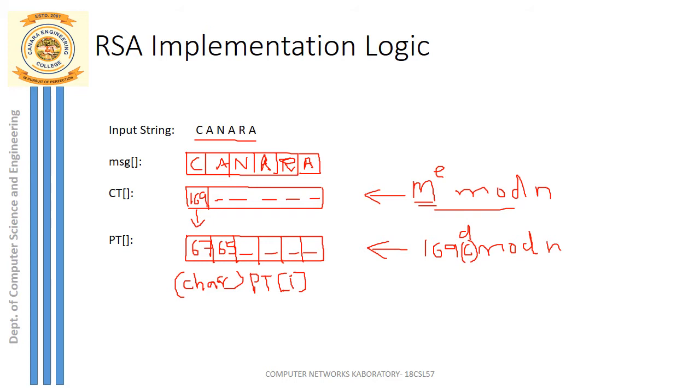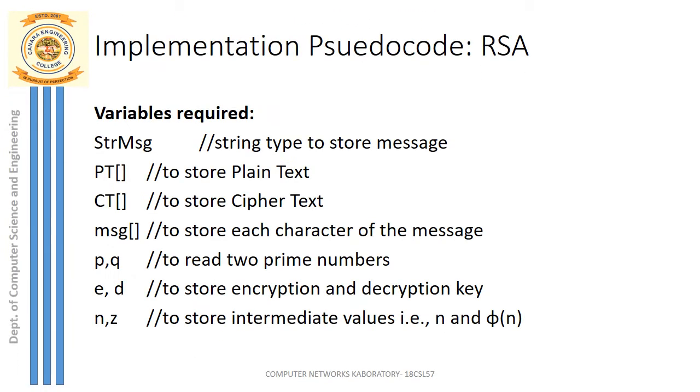Now we will go through the pseudocode. For writing the pseudocode of the RSA algorithm, we take some variables. The first variable is str message, which is of string type, to store the string given by the user.